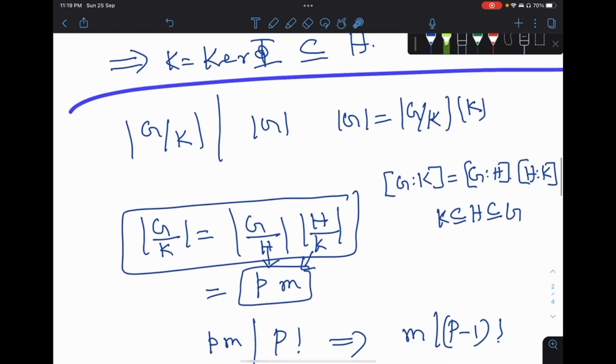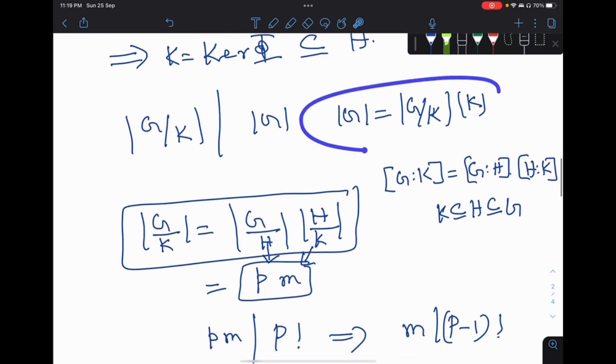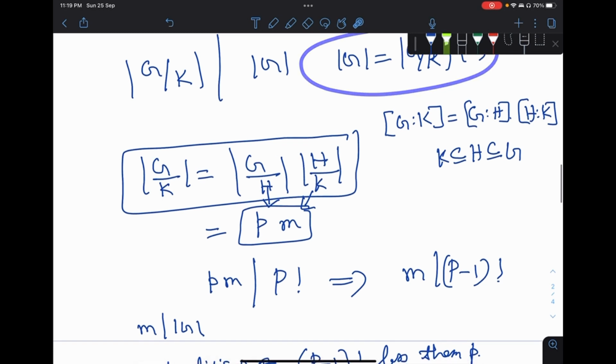Now that's the one part. Still, we haven't used anything about the minimality assumption we have taken. Now we are going to use it. Take G by K, whose order divides the order of G by Lagrange's theorem. Now, this is the index theorem. When you have the total thing, I don't know this, but I know this.